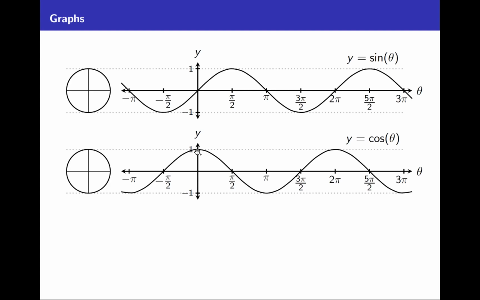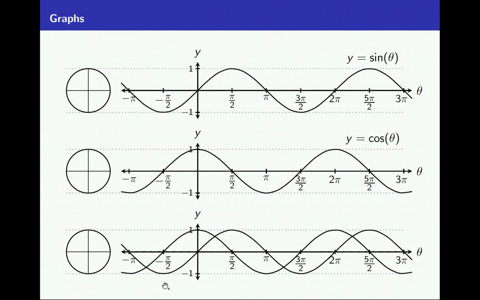So the graph goes from a height of 1 down to a height of 0 at pi over 2. Going past pi over 2, those x-coordinates become negative. So you dip down below into the negative realm. And continuing around the unit circle, increasing those radians forever counterclockwise, gives you a graph that oscillates up and down.